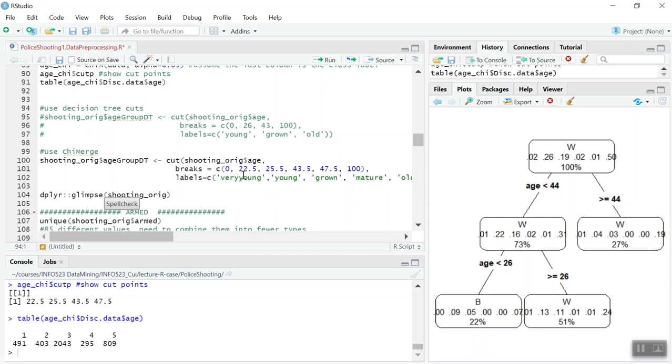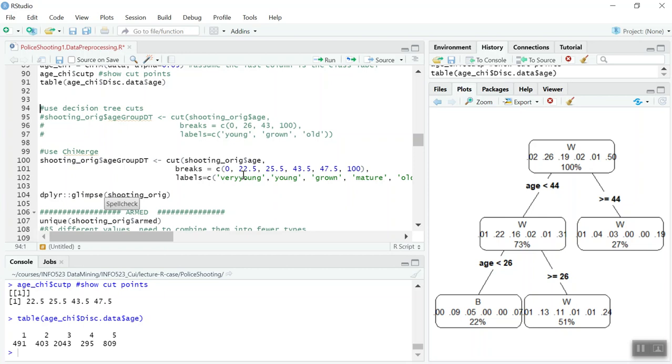chi-merge, because 5 is not too big a number. For discretization, typically our result is going to be between 5 and 9 groups. 11, 13 are probably also acceptable depending on your computational resources.